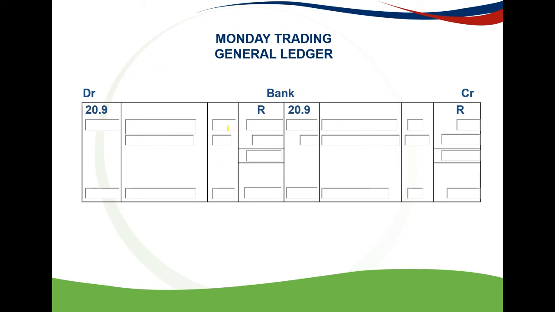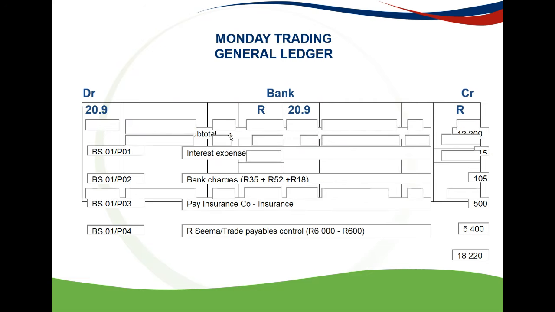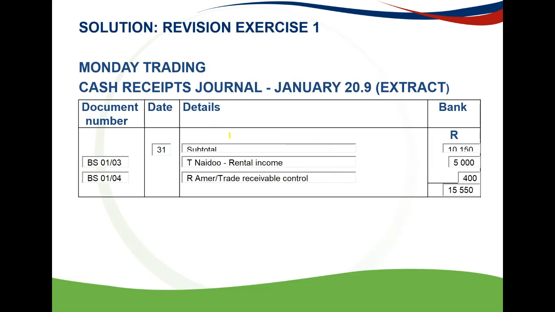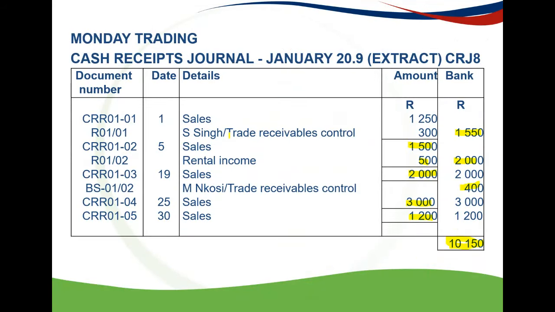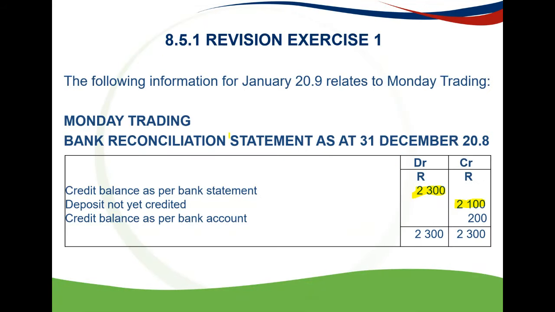Now, with our bank account, we know that we had the opening balance because the balance as per the previous month's bank reconciliation statement was given here. So we had a credit balance as per the bank account, which means it was a bank overdraft of 200 Rand.